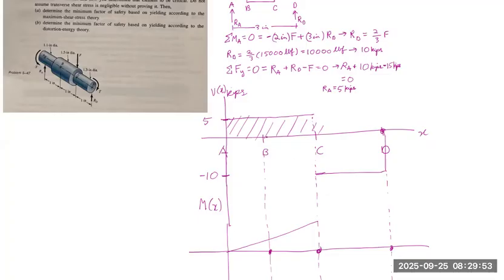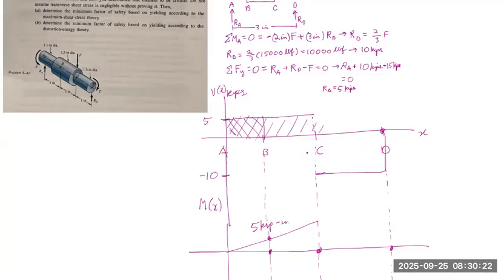And at point B, we can calculate the bending moment as this area under the curve over here, which is equal to 5 kips times the distance from A to B, which is 1 inch. So 5 times 1. So this one will be 5 kip-inch.